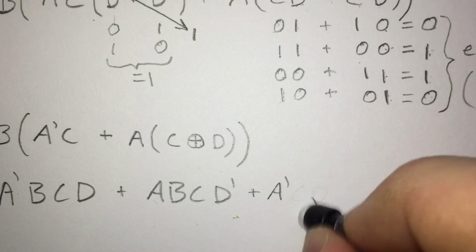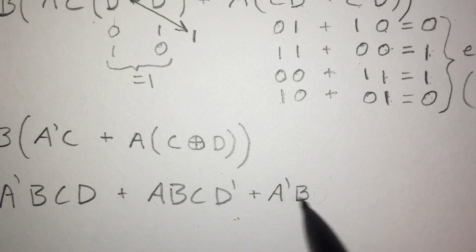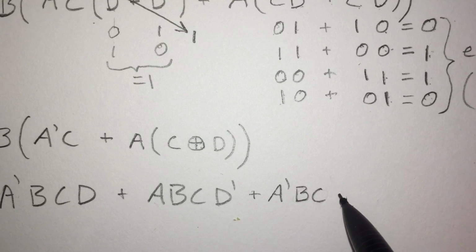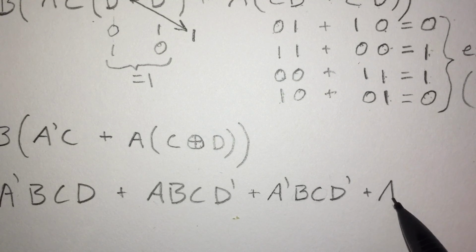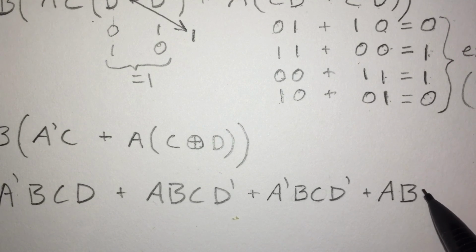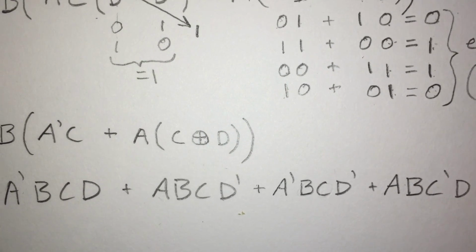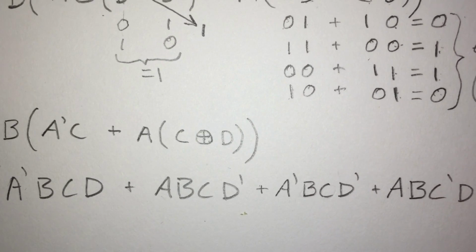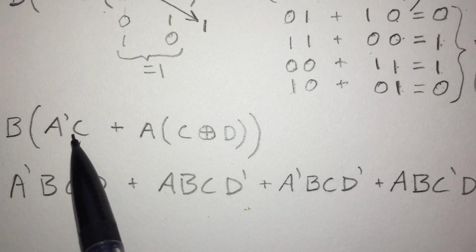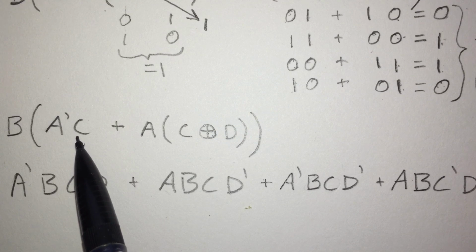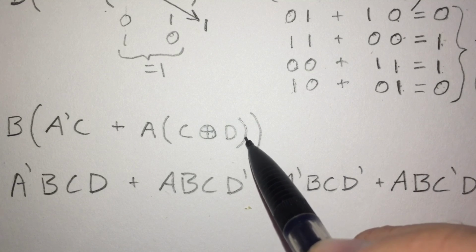Pardon me, I forgot the B there. A not and B and C and D not, or A and B and C not and D. Now look at how nicely that reduces. And it's much easier to see how this can be implemented in hardware.